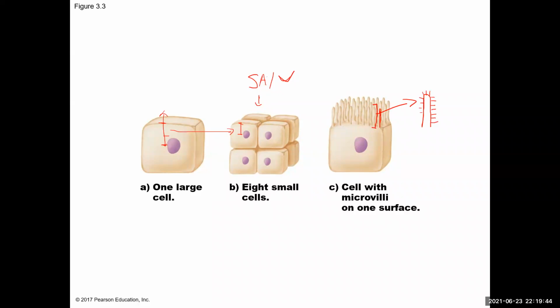So there's folds upon folds of that, and all that is leading to an increased surface area to volume ratio, so that they can be more efficient at diffusing and moving material in and out of the cell. Okay, so that's a very important concept in terms of cellular efficiency.